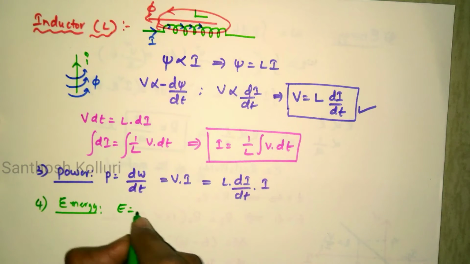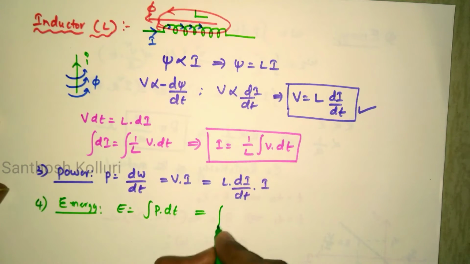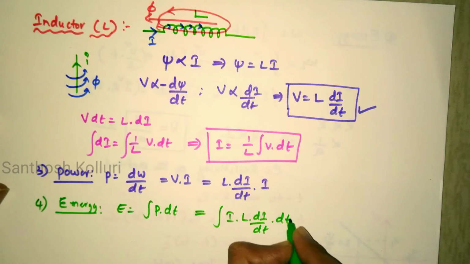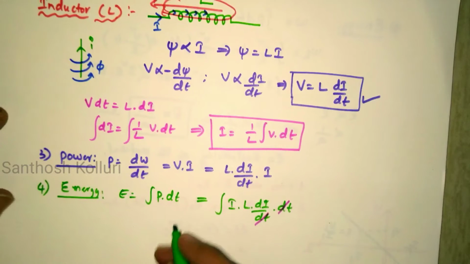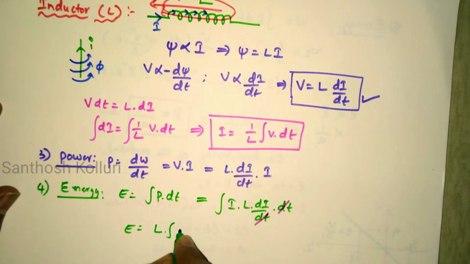Energy E is nothing but integration of P dt. So integration of I into L into di by dt into dt. So this dt and dt will be cancelled out here, and energy can be written as E is equal to L, if I take common, I into di.